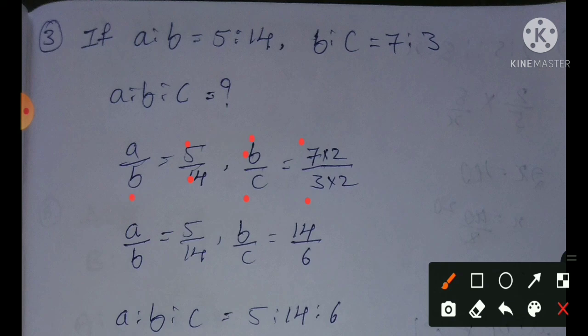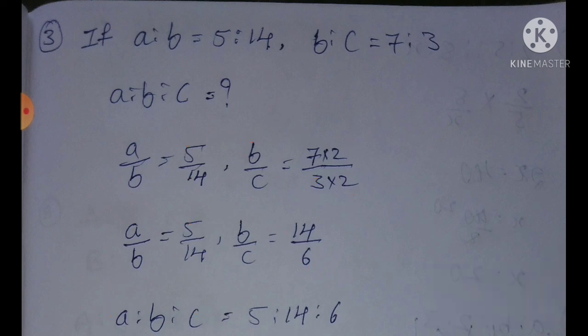So to make B as 14, I am multiplying 7/3 with 2/2. So 7 2s are 14, 3 2s are 6. Now just compare, A is to B is to C equal to 5 is the A value, B value is 14 and C value is 6. 5:14:6.